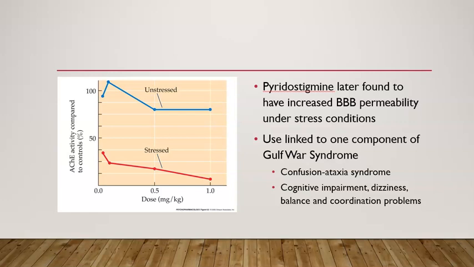And what we saw is that pyridostigmine is not supposed to be able to permeate the blood-brain barrier very well. We actually see that under a stressful condition, such as the forced swim test, or in humans like the Gulf War, we see increased permeability of the drug.